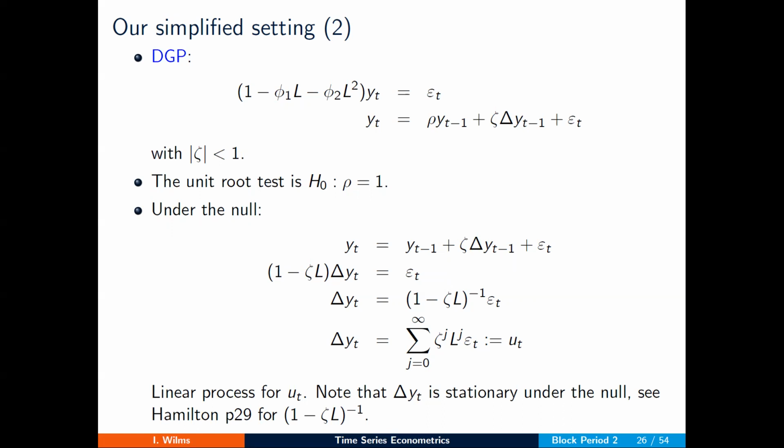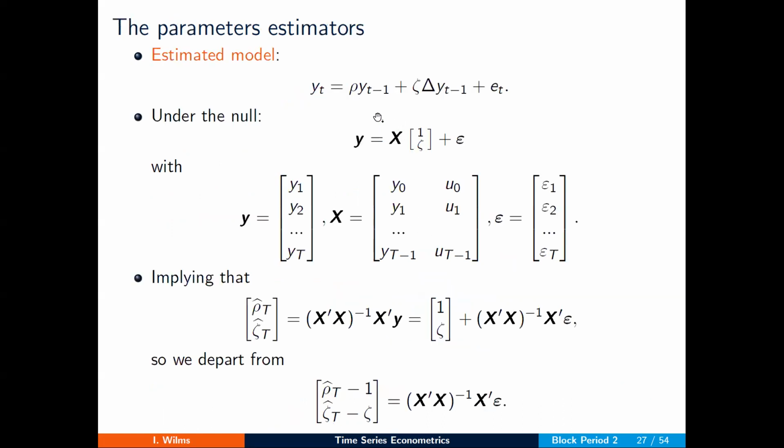Now let's estimate our model where we have a lagged y and a lagged difference as regressors. Under the null, we have rho that is equal to 1, and I use here this convenient matrix notation. How does our OLS estimator look then? Well, nothing more than the standard formula, X'X inverse times X'y.